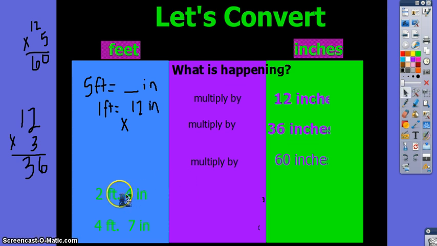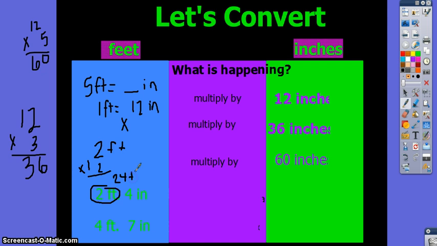Okay, our next problem, I have 2 feet 4 inches. And I want to convert all of that into only inches. So look at your star chart. How many inches are in a foot? Okay, 12. So I'm going to take my feet and convert them to inches using this right here. I have 2 feet, if I multiply 2 times 12, I get 24 inches.